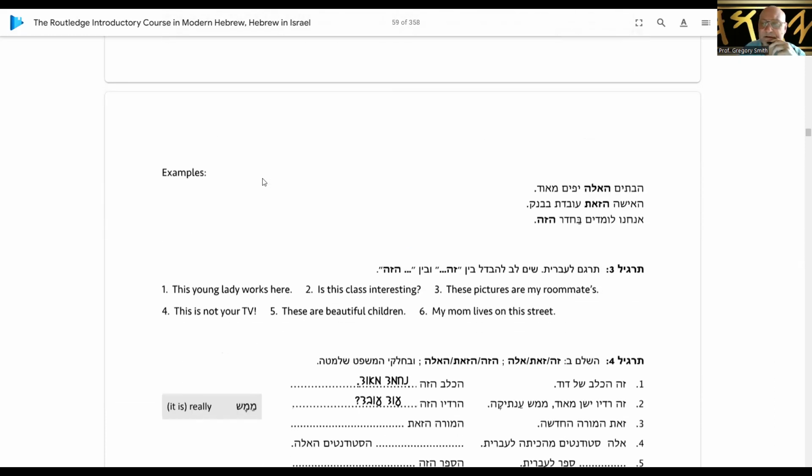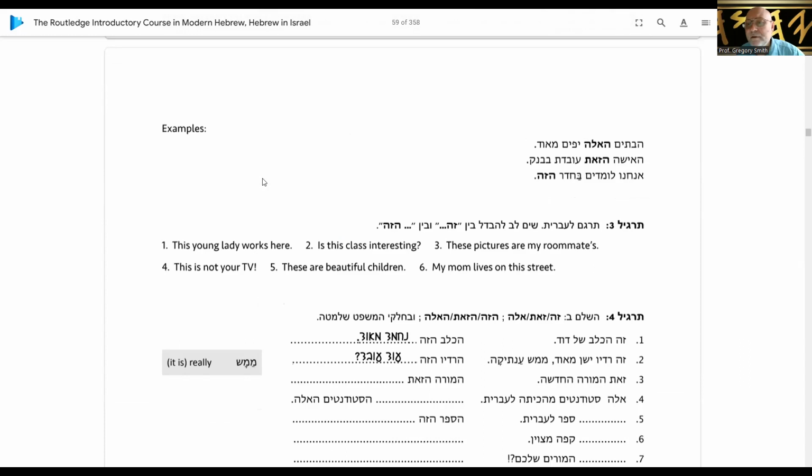Okay, so here's some examples. Habaitim ha'ela, so it's like these houses, yofim me'od, are very beautiful. These houses are very beautiful. I'm pretty sure that's what that says there. Now when Google Translate puts it together, it gets rid of the mem sofit.